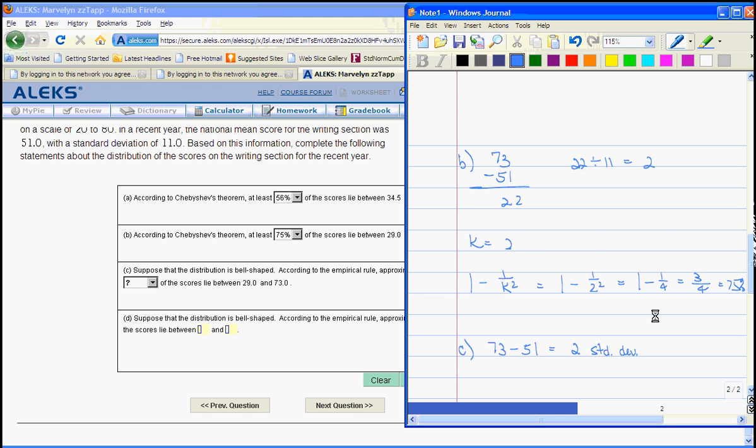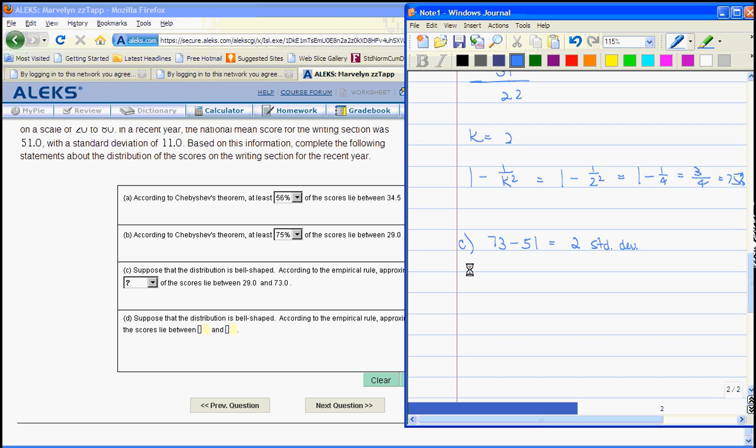And if you remember, the empirical rule says about 95% of the data is contained within 2 standard deviations of the mean.